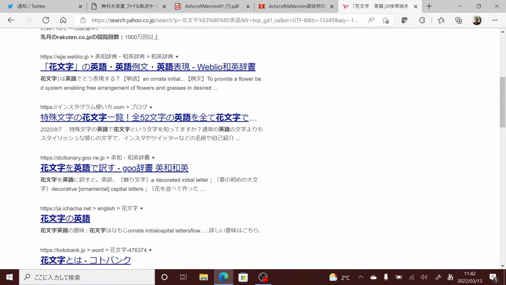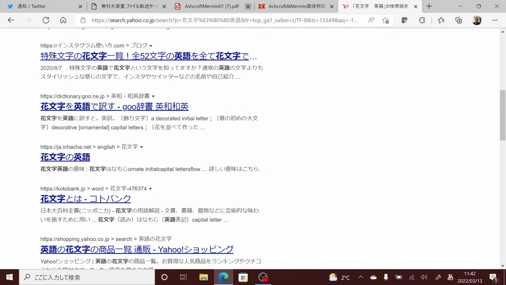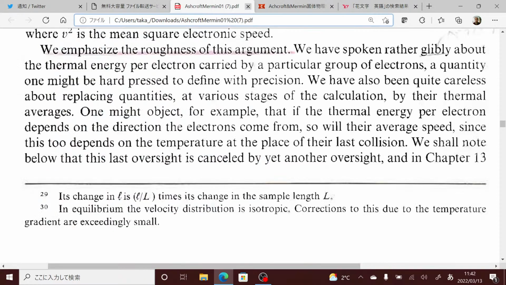Decorated initial letter. Decorative letter. Decorated small l. Decorated lowercase l divided by capital L times the temperature change in the sample length capital L.